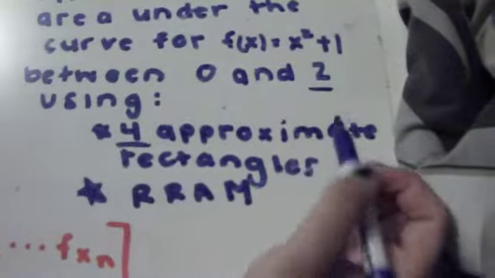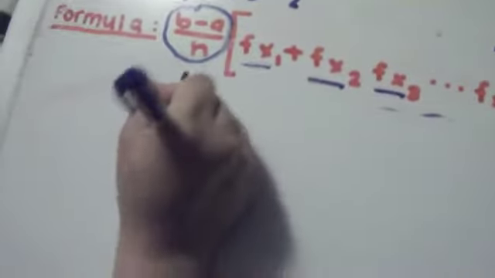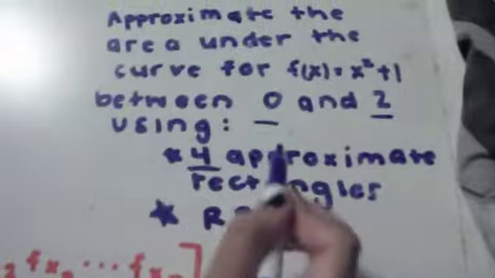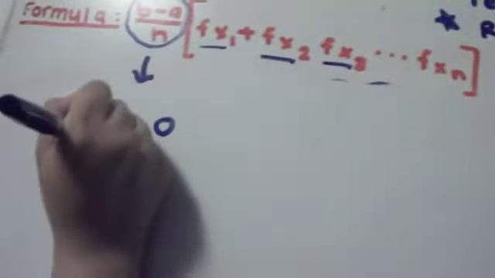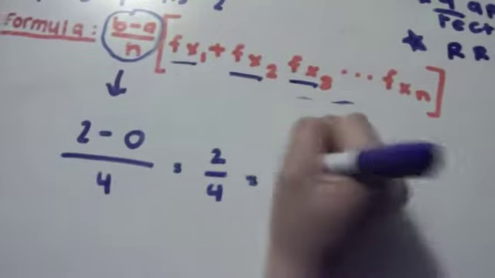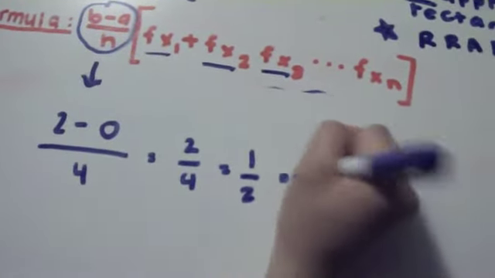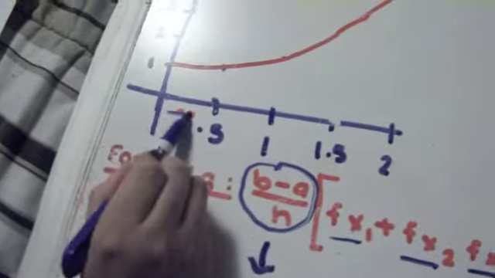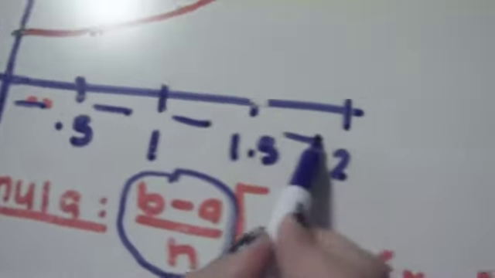As I said before, b is your second bound, so it's 2 minus your first bound, which is 0, all over n, which is your number of rectangles, so it's 4. So that equals 2/4, which is equal to 1/2, or 0.5. So your delta x is 0.5. Every single section is going to be spaced out 0.5.